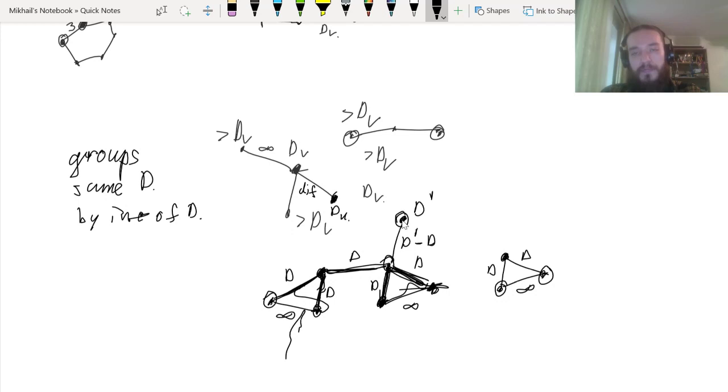And so this vertex is now also satisfied because this was satisfied, and all the other edges are going to be infinities.